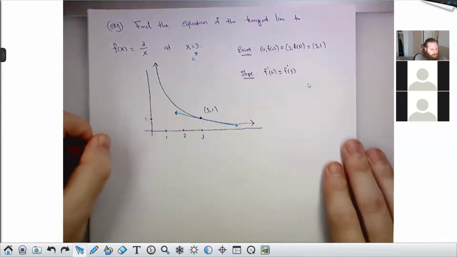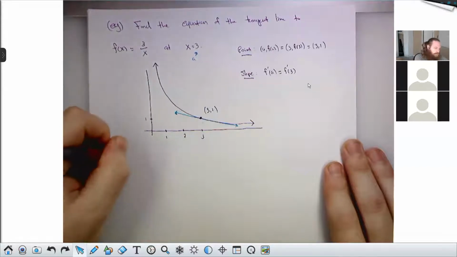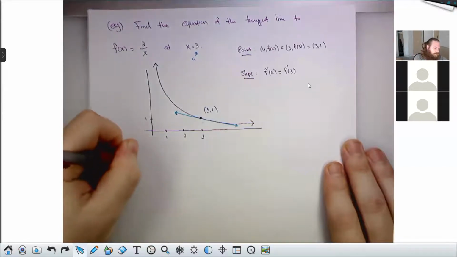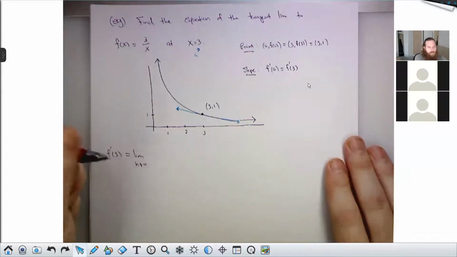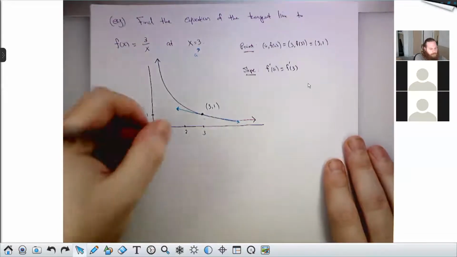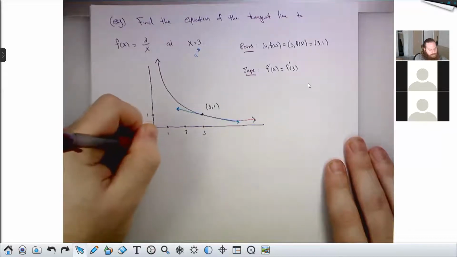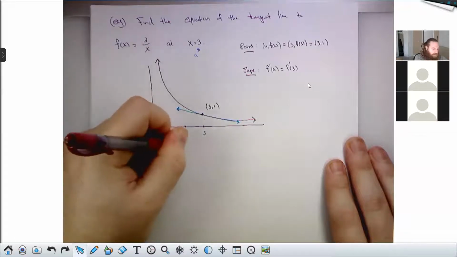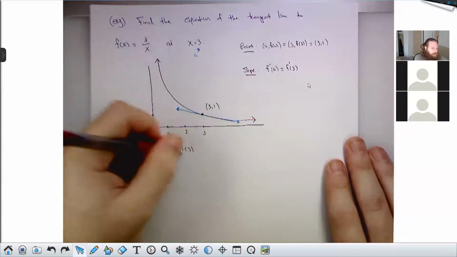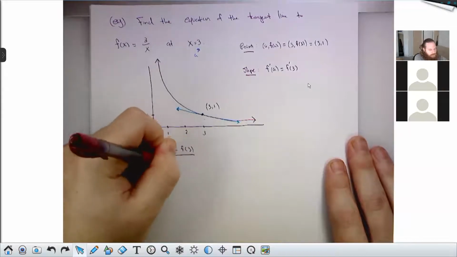So how do I find f prime of 3? I use the definition. That's all I've got. So that's all I could possibly hope to use. f prime of 3 is the limit as h goes to 0. You just replace a by 3 in that definition. So this is f of 3 plus h minus f of 3 all over h.